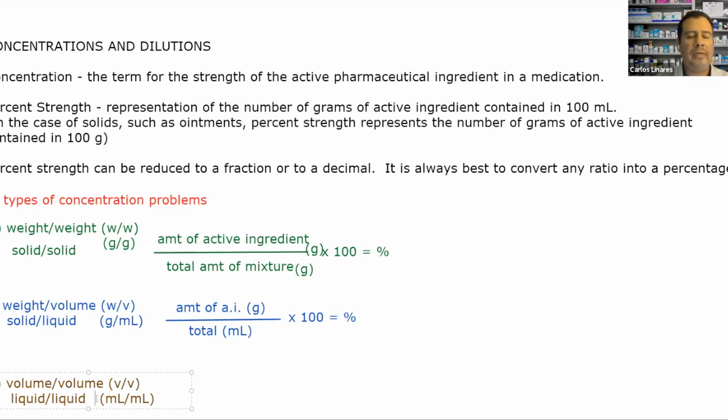So this is like you saying, I bought coffee, the coffee is too strong, let me add some water to it. So this is the amount of active ingredient, and this is measured in mLs. Over the total amount, which is also in mLs, times 100 gives us our percent.